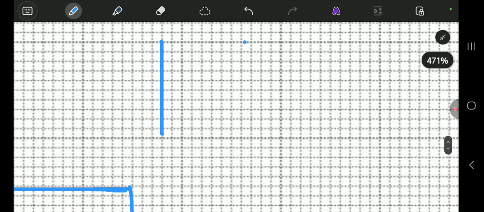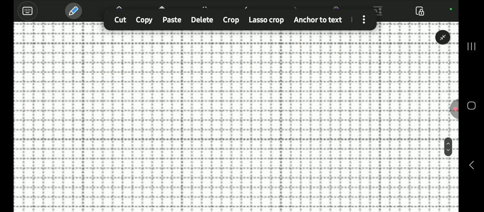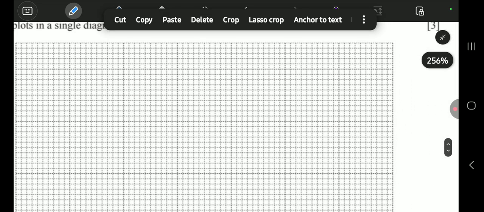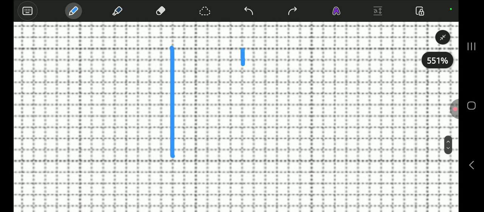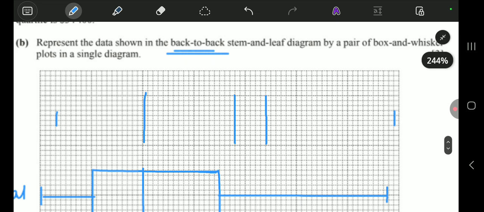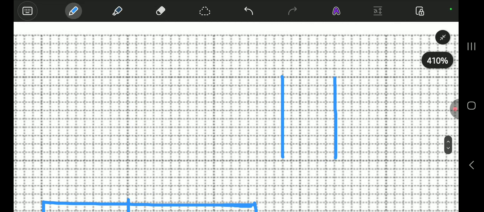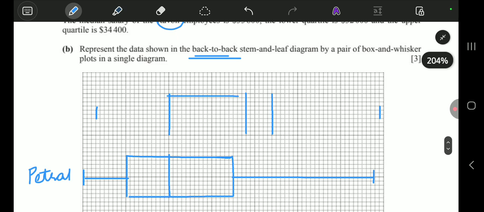On the screen, it's a little tricky to look for all the values correctly. I'm trying to make the best possible lines.